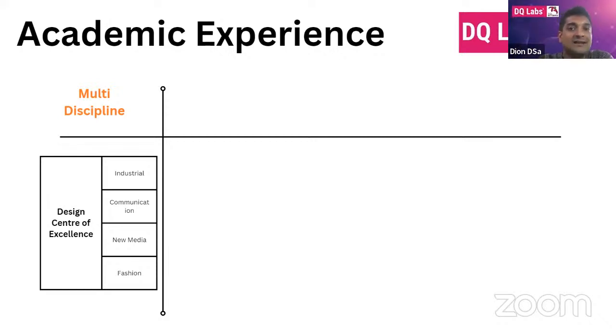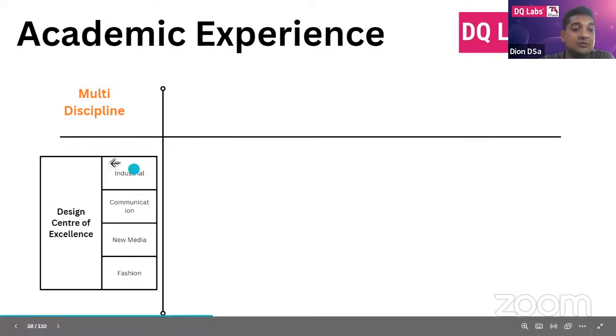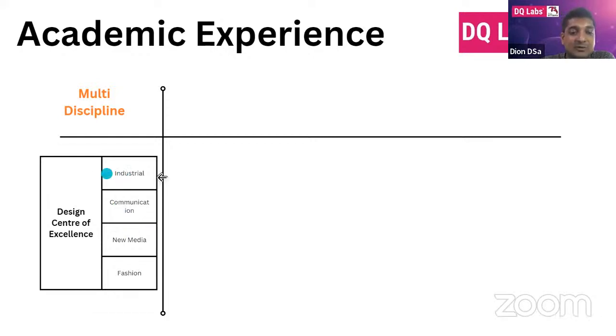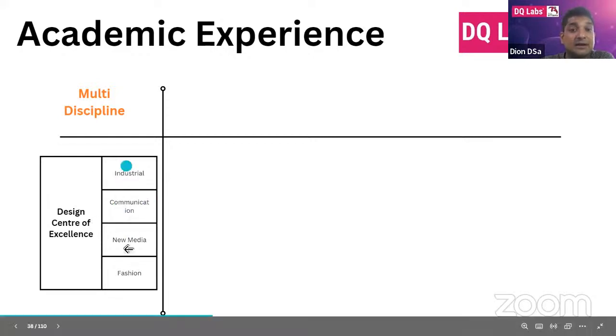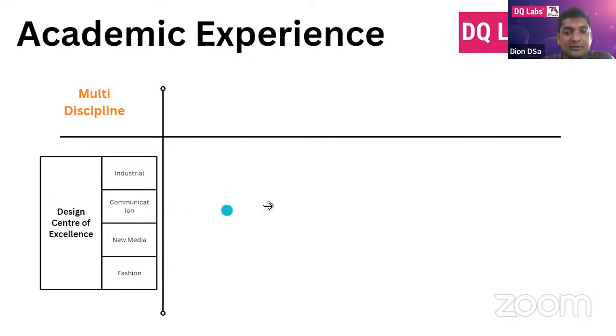So that is their aspiration. They want their students to have the best experience and the best exposure. So effectively, they'll have different departments within the design center of excellence, and you can specialize in any one of these departments, or maybe you can pick and choose multiple. You can have a major and a minor, and that should help you out.